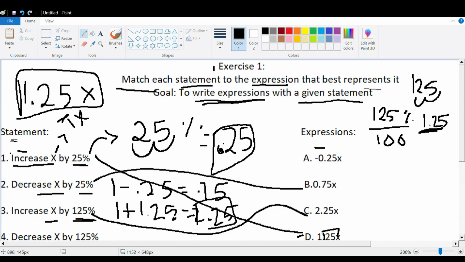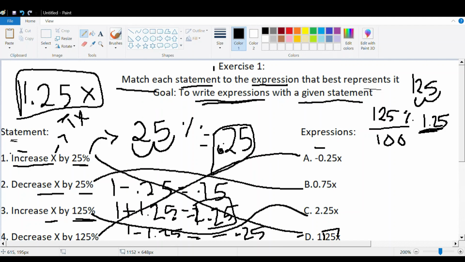Therefore, we will do 1 minus 1.25. And what's 1 minus 1.25? That gives us negative 0.25. And obviously we have the x at the end as usual. So we can say our final answer is 4 matches up with A.